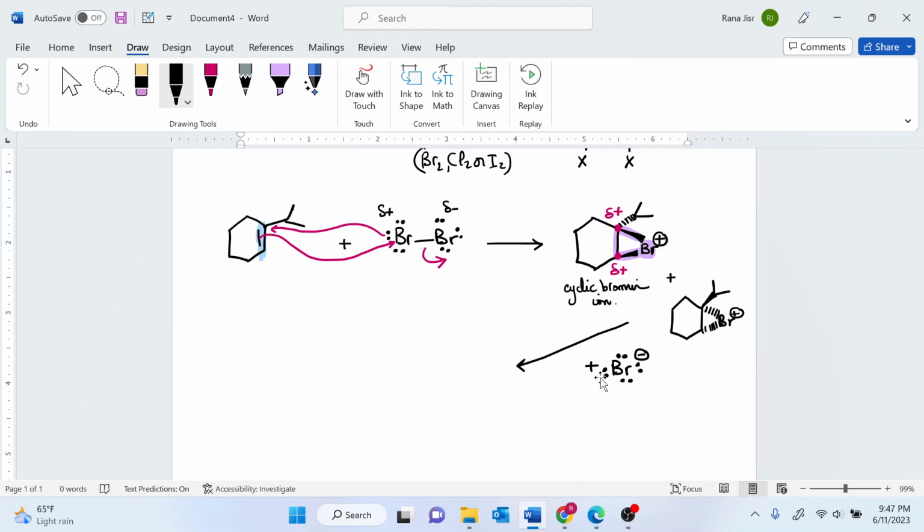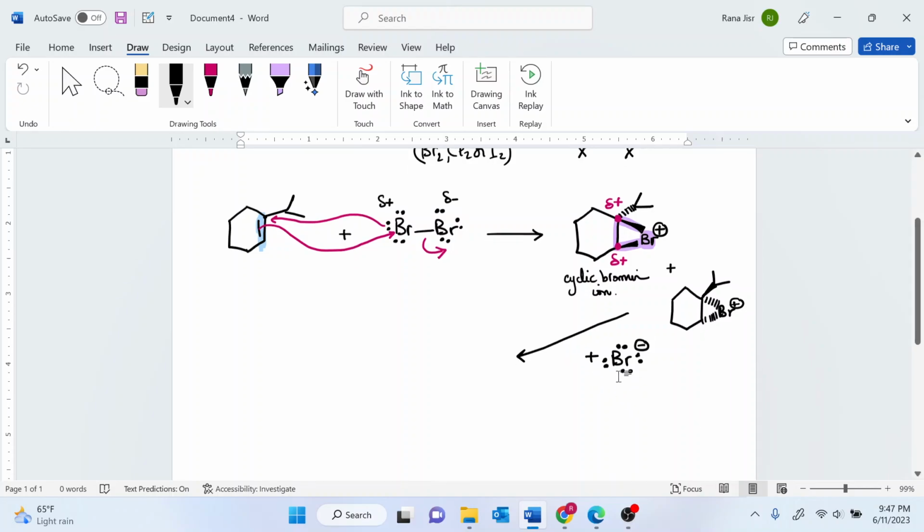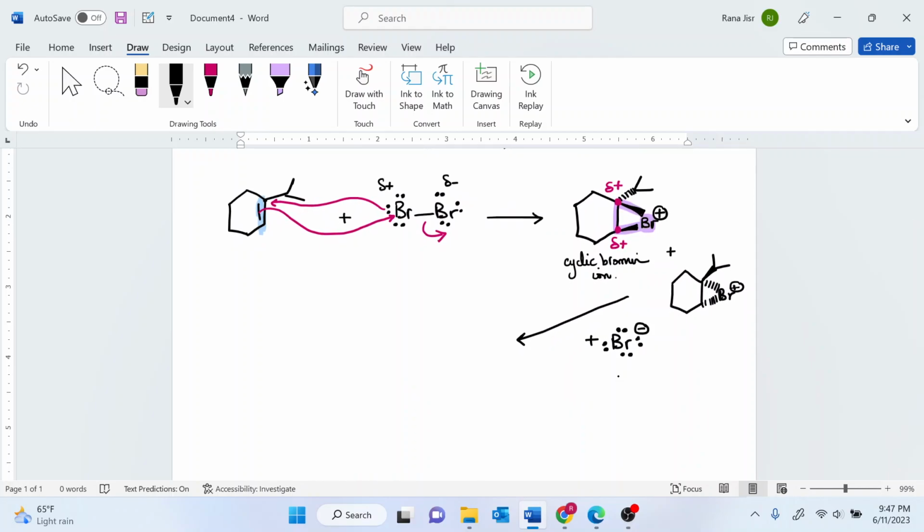The rule says that the bromine, the Br minus, is going to attack the most substituted carbon. So that nucleophile here, this one here now is my nucleophile. And later on, we're going to study cases of changing that nucleophile into different nucleophiles.